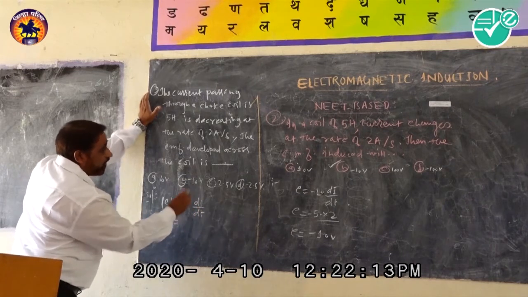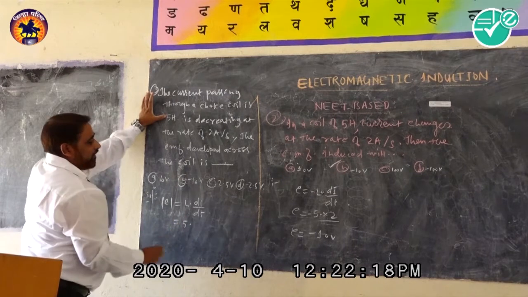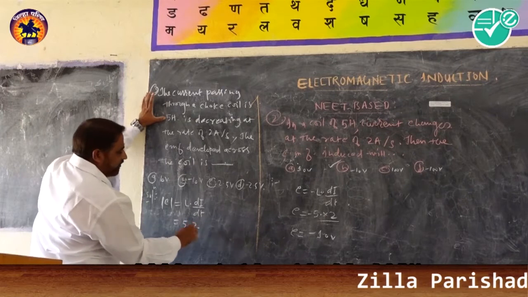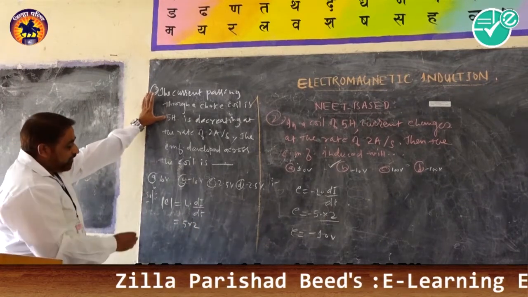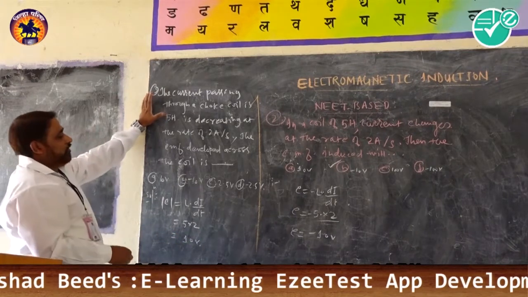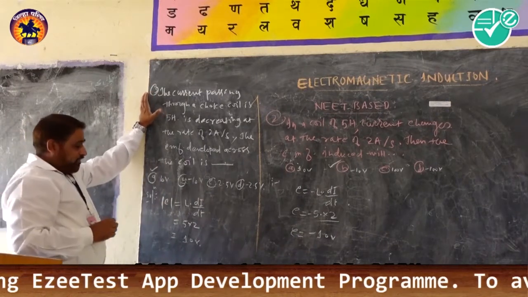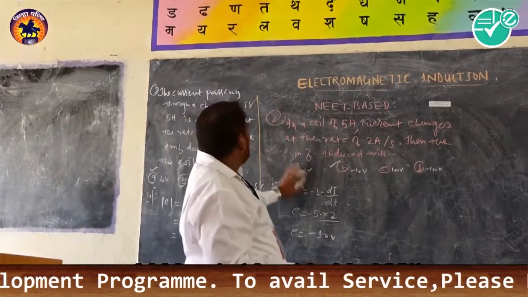L is 5 Henry, already given, and the rate of change of current is 2 ampere per second. So the answer to this question is 10 volt. Option A is correct here. So this is about the third question.